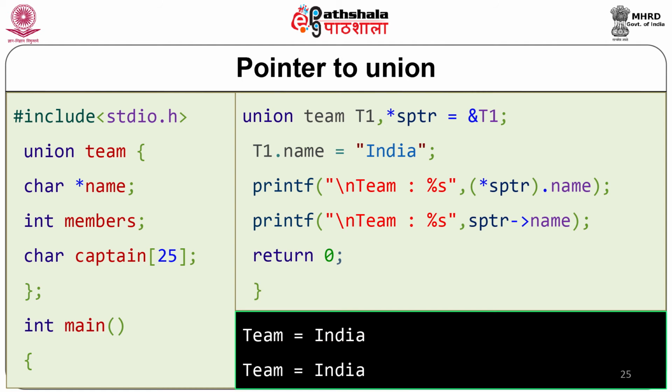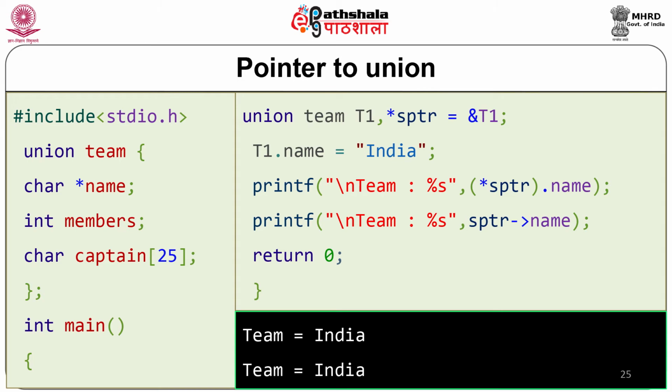This is an example program: in this program, SPTR is a pointer to union. These operators are used to access data members of the union by using the union's pointer.